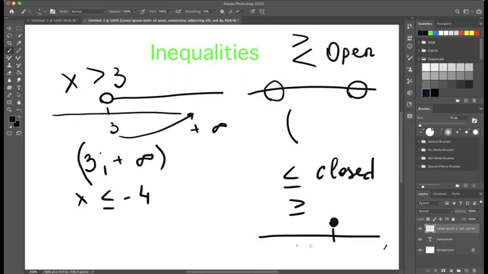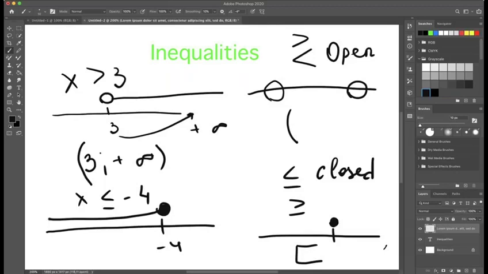The bracket will be a square one, not round like in the first. X less or equal than negative 4. So how can you see it's less or equal? It means that you are using a closed interval, colored circle, and square brackets. So where's negative 4? For example, here, negative 4, colored one and going to the left. Next.